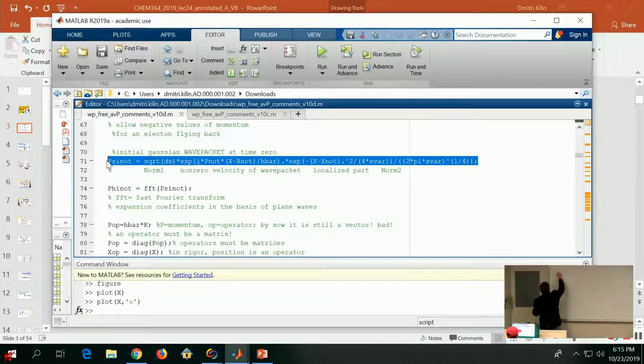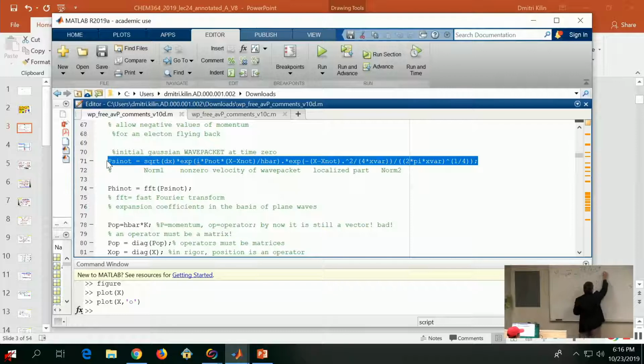So psi naught equals square root of delta x, exponential to the power i p naught (x minus x naught) divided by h bar.